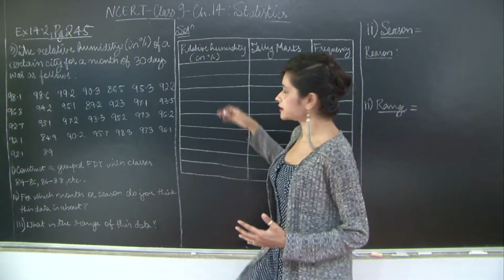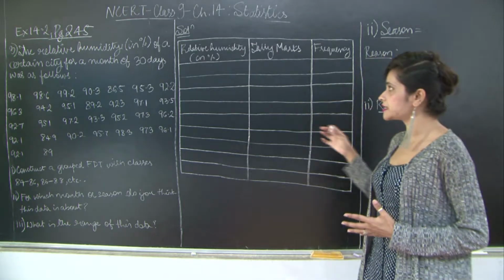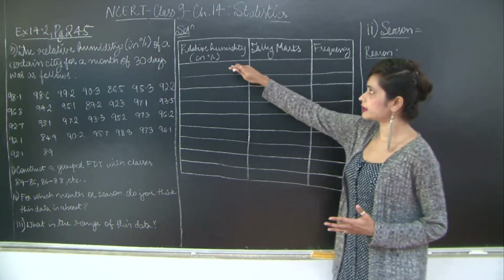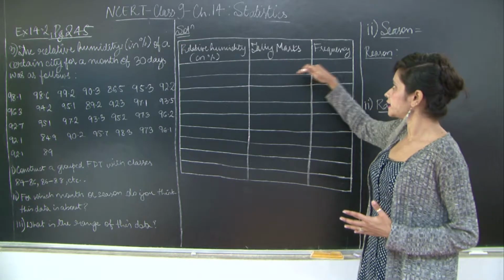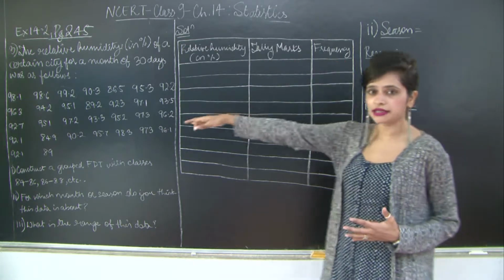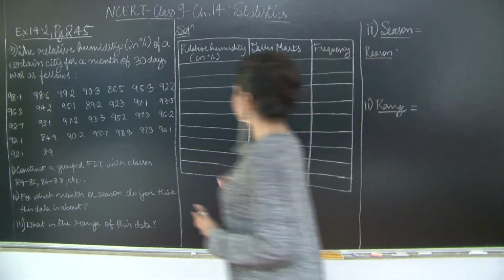So let's construct the frequency distribution table, wherein we will fill in for the relative humidity the class intervals, then the tally marks and accordingly the frequency by using these observations. So let's get started.